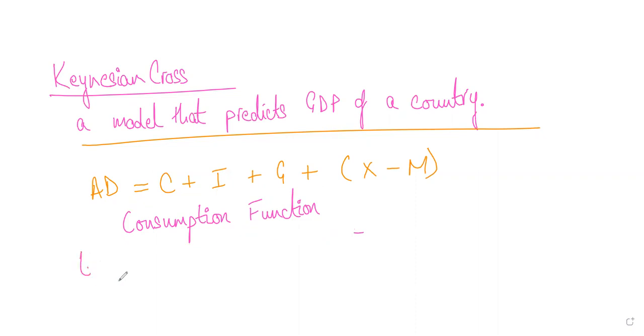I repeat, consumption function, an equation that identifies factors on which consumers' consumption depends. As you were just telling me, it is interest rate, income, and a lot of other factors that affect consumers' consumption. So all of these factors will be part of your consumption function.